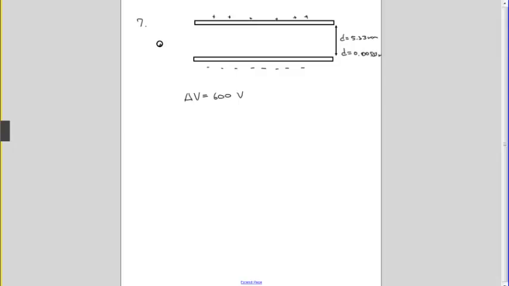Sorry, that's so small. Okay. What is the magnitude of the electric field between the plates? So just like previously, the voltage is equal to the electric field times D. And so the electric field is just equal to the potential difference, or the change in voltage, divided by the distance.